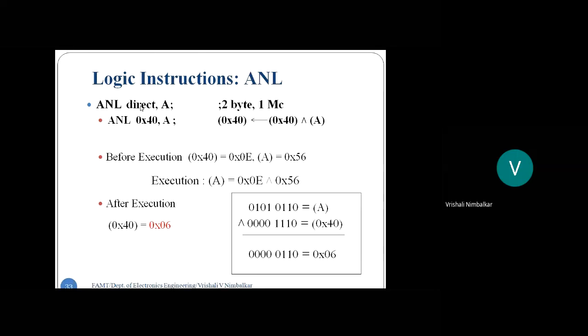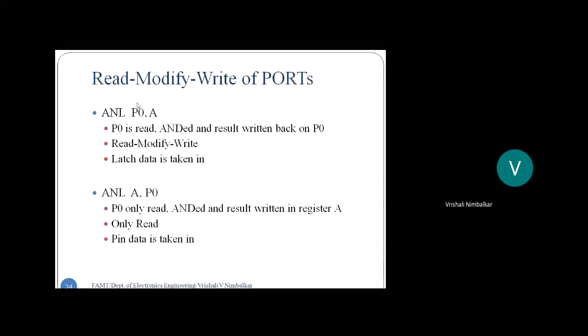Okay. Now, for special function registers, you have two options. Whenever you use a special function register, use it by name or use it by address. Okay. Hope you all are getting me, students. Whenever I say direct, it can be a memory address, internal memory address, or an SFR address.